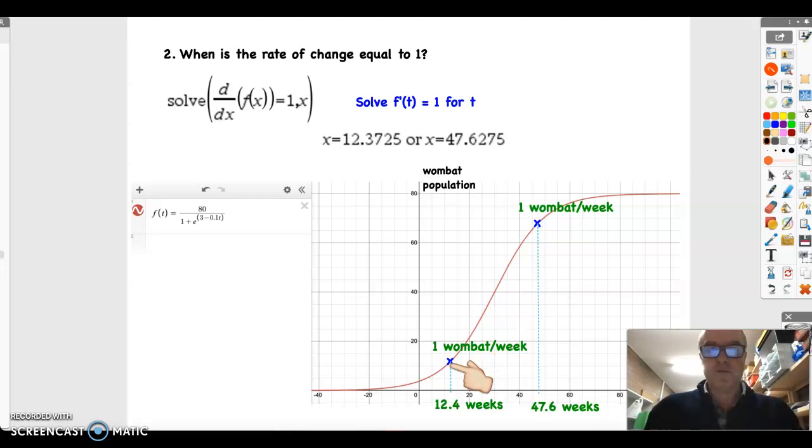So after 12.4 weeks, immediately after that the rate increased, but at some point it started decreasing again. Population kept increasing, but the rate at which it was increasing was going down. To another point at 47.6 weeks, when again the rate of change was 1 wombat per week.